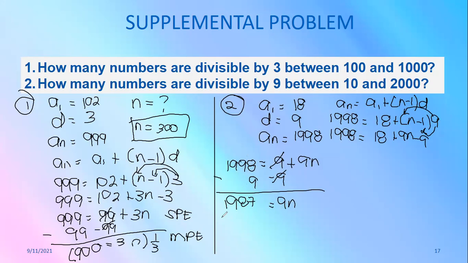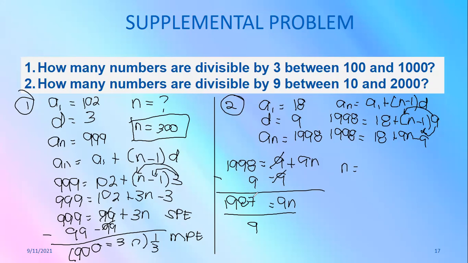Okay, so to determine the value of n, divide natin both sides of your equation by 9 and your value of n is equal to what? 1987, divide natin by 9. Okay, 1989.